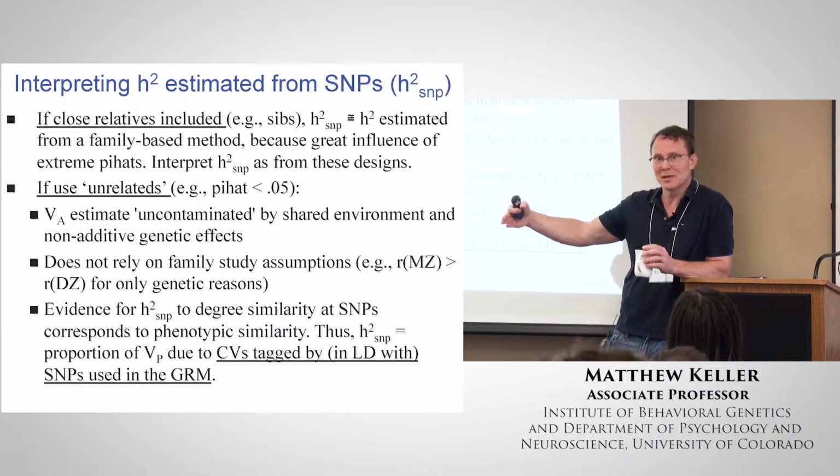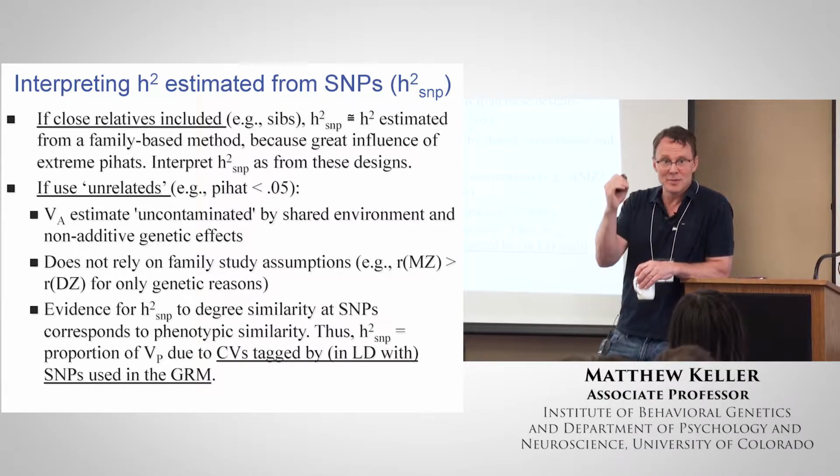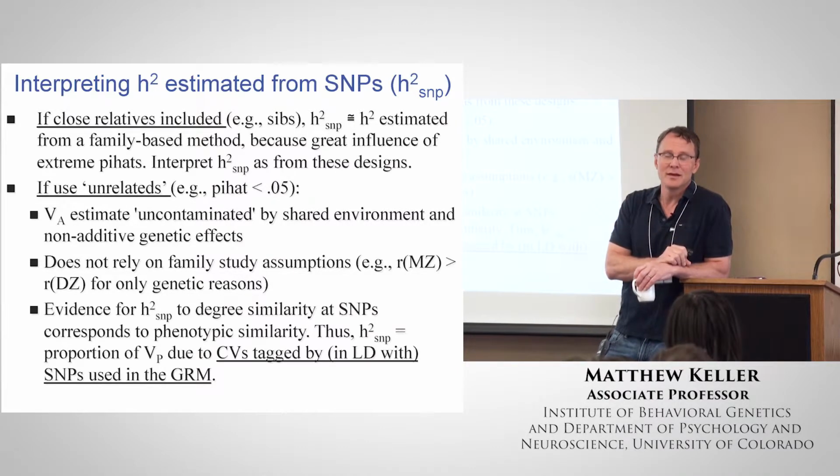They're going to be like 25 standard deviations above the mean, so they're going to have a big importance, even if there's not a lot of them. And there's a concern that they're going to be more environmentally similar than would be expected based on random pairs of individuals. To the degree that's the case, and to the degree that environmental similarity leads to phenotypic similarity, you're going to get an upward bias in your heritability.